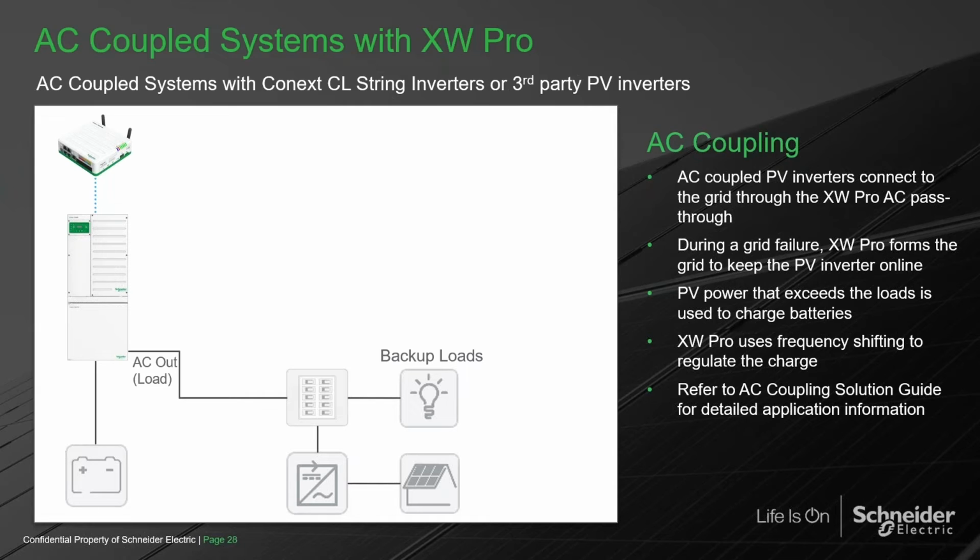This grid tie inverter may have disconnected, and that's because of the UL listing that requires grid tie inverters to disconnect when there's instability. And this grid tie inverter may have seen the 8 millisecond transfer, which means that it will stay disconnected for 5 minutes. That's a UL requirement.